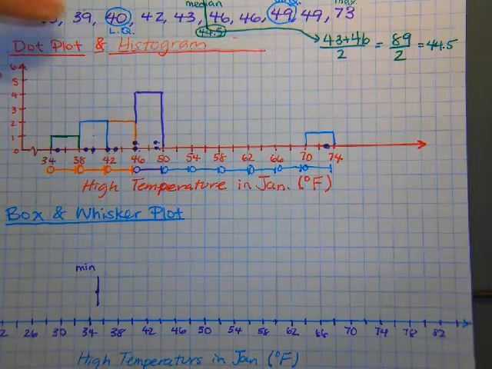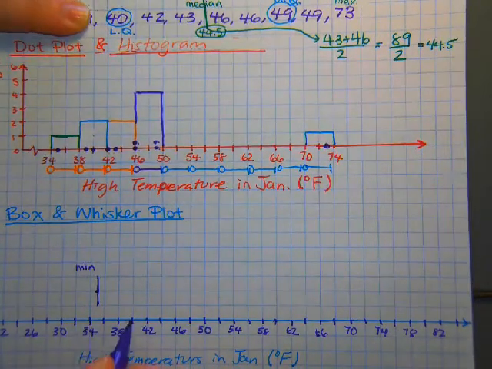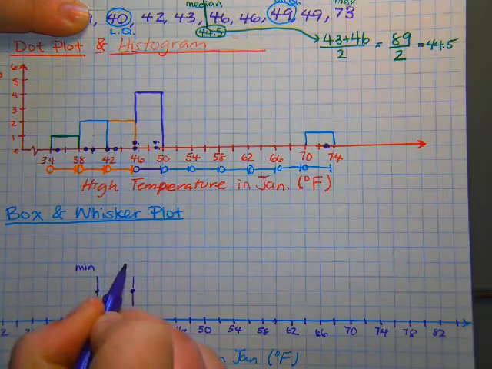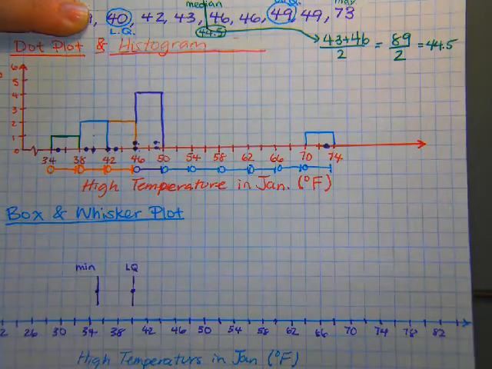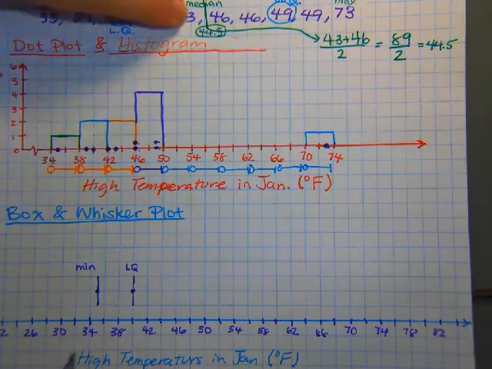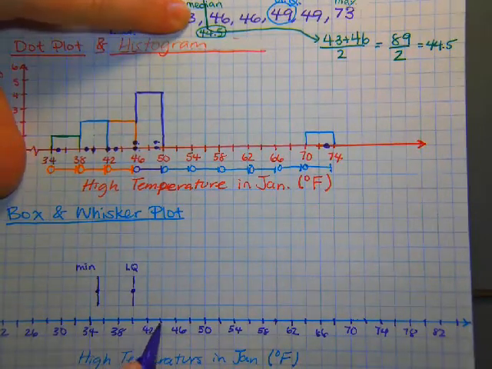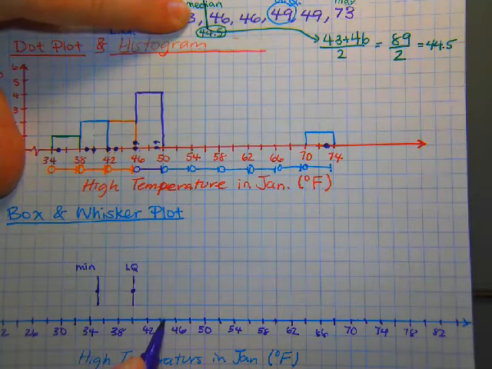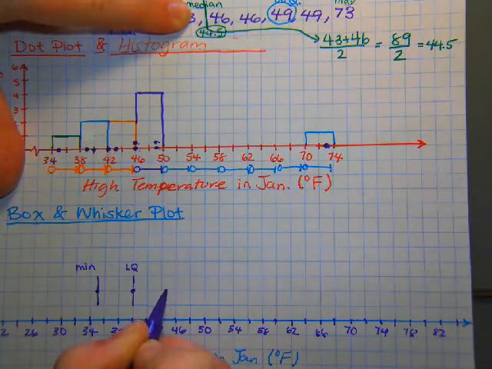And then my lower quartile is 40, so I end up not being far away, and it's not in a line. And I'm just going to do a Q for lower quartile, and then 44.5. So here is actually 44, and it's only going to be a little bit in there, not even halfway.